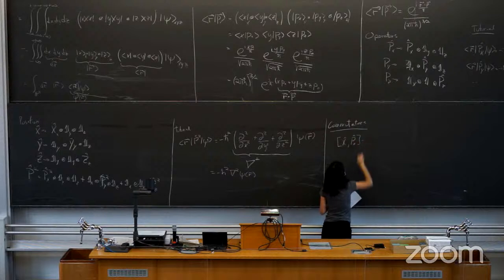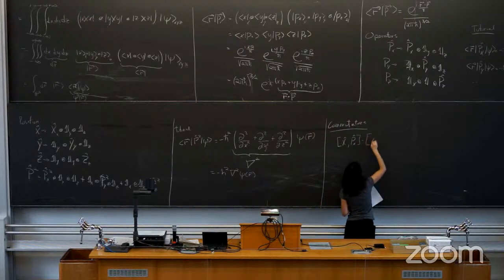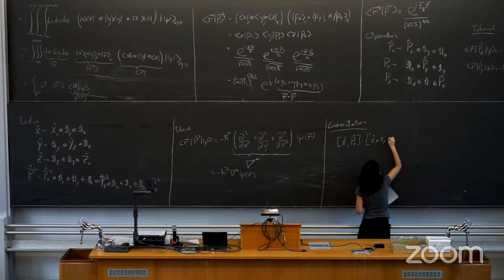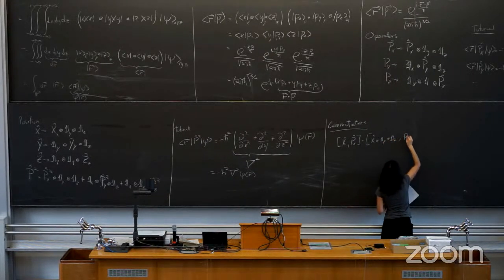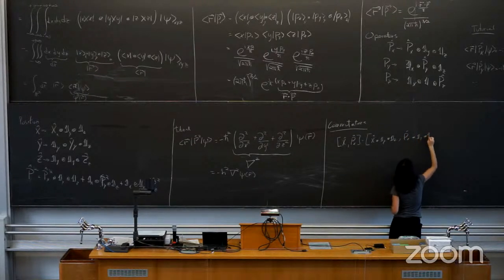Well, what's this? This is x times the other identities, and px times the other identities.